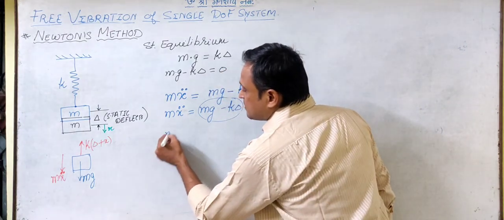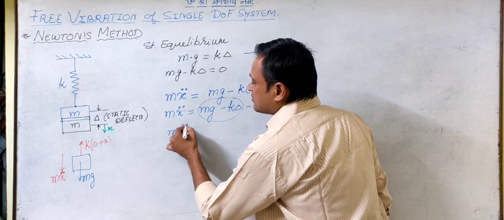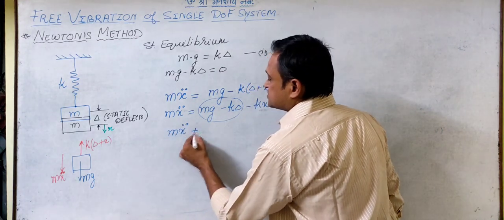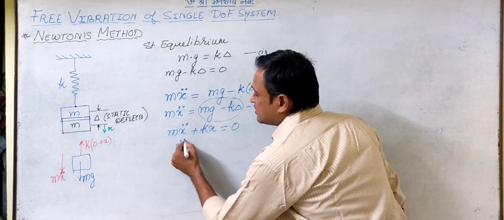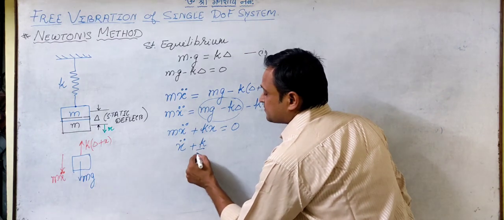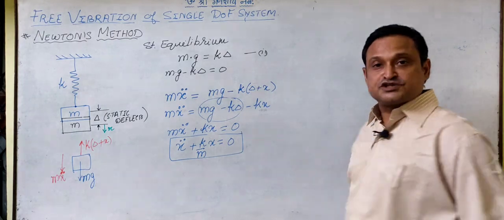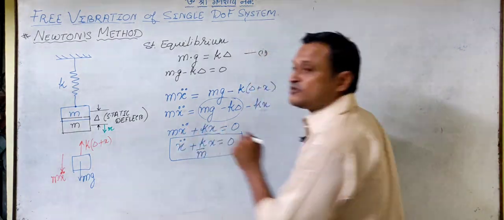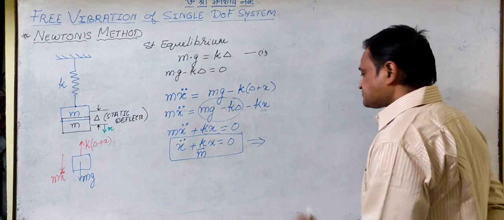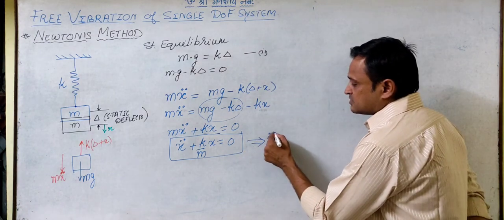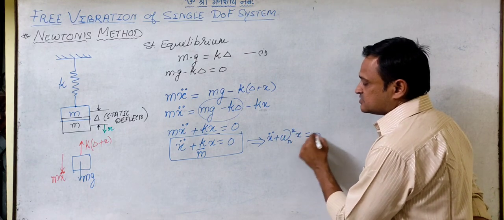So I can say m x double dot plus Kx is 0. So again we are reaching the equation of motion for a single degree of freedom system, which has an analogy with the equation of harmonic motion, x double dot plus omega squared x is equal to 0.